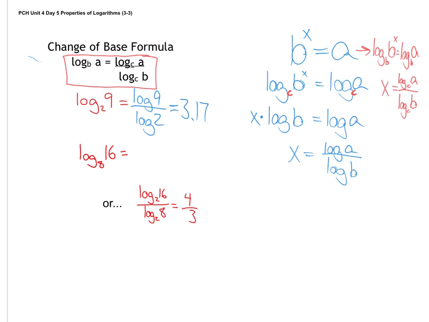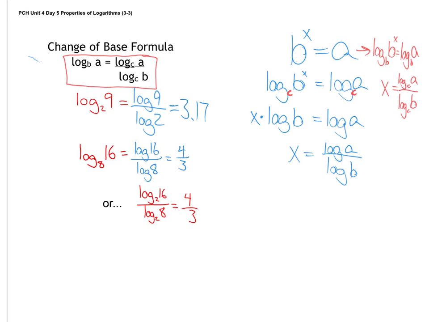Now here, we also see we could do the log of 16 over the log of 8 on the calculator, and you'll get 4/3. But here's a case where not just jumping immediately to the calculator can come in handy. Notice that our base 8 is 2 to a power, but also 16, the argument, is 2 to a power.